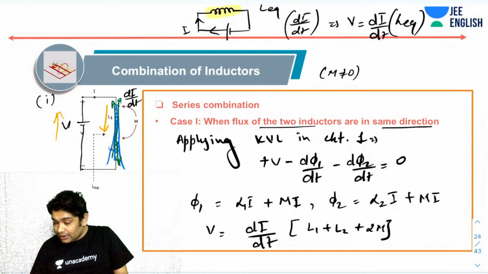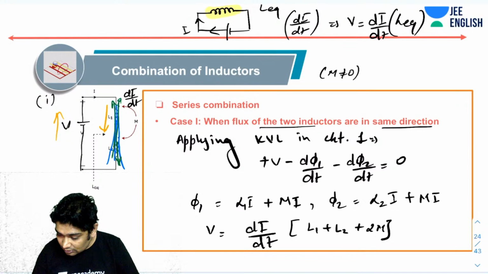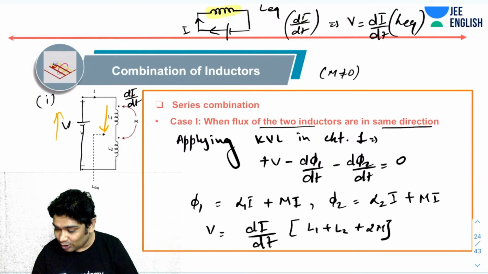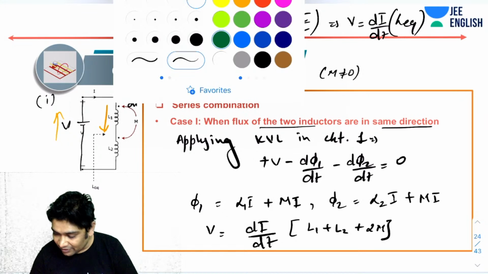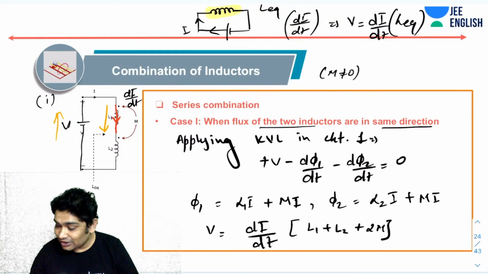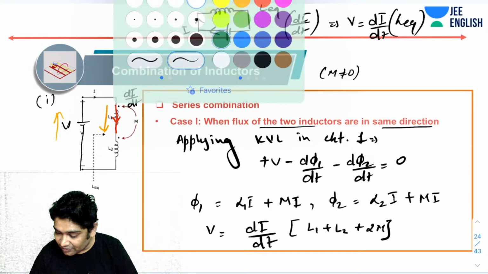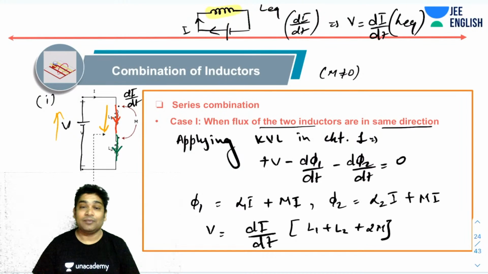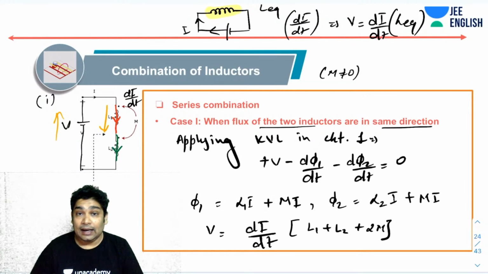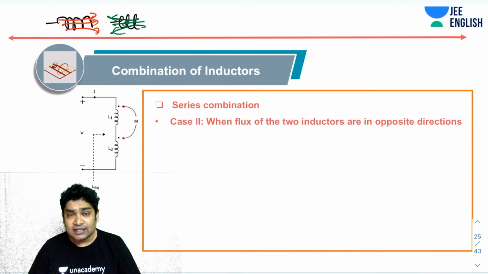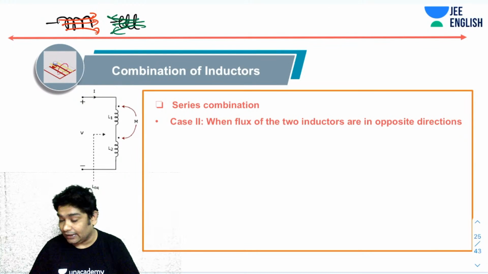Here let's redraw. One was producing magnetic fields in this direction. The other is also producing magnetic fields in this same direction here. And in this case, they will be opposite. So the flux linked would in fact get subtracted.